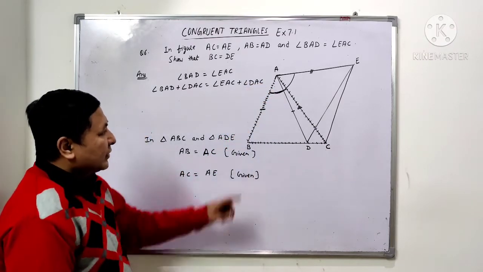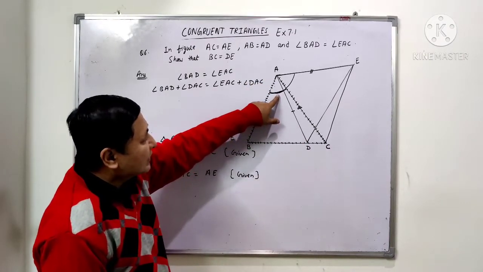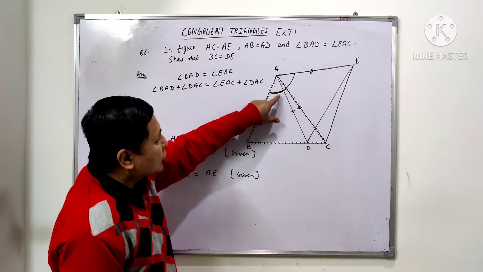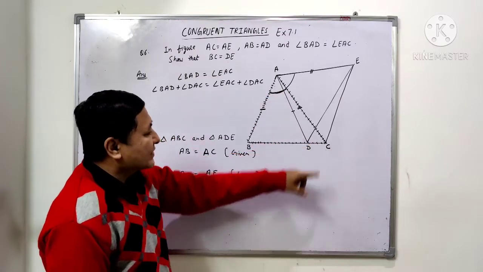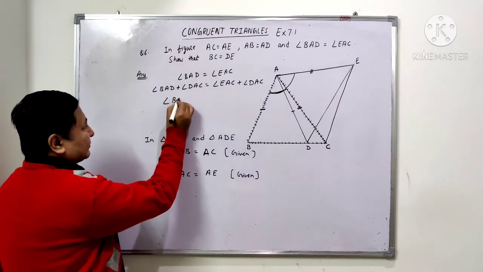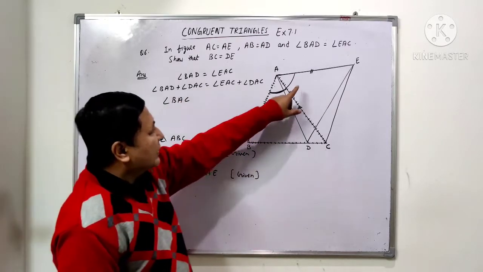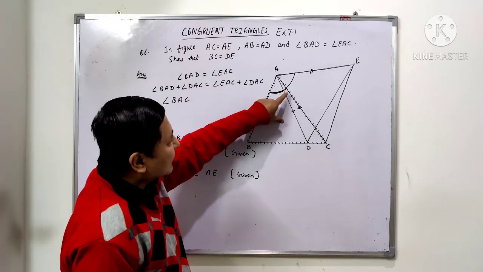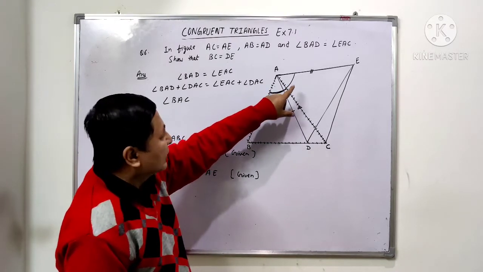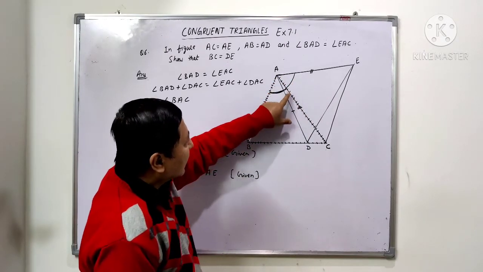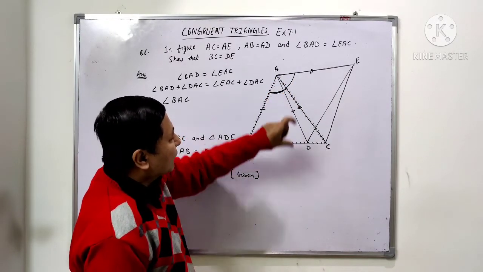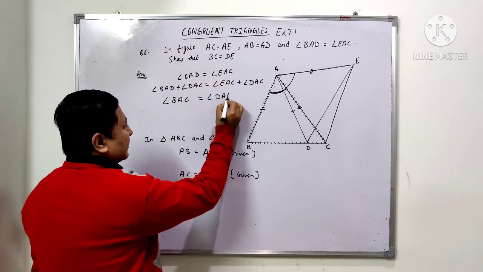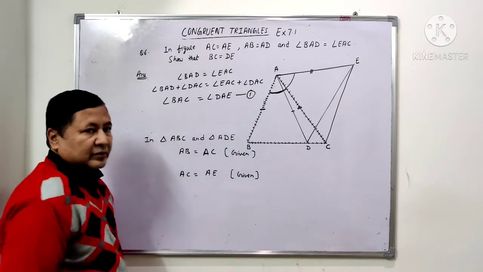Let's see what will happen. Now angle BAD plus this smaller angle DAC, if we add these two angles, we get the whole angle known as angle BAC. And in angle EAC we are adding this smaller part, angle DAC. If we add both of them, then we get angle DAE, and we'll mark it as number 1.